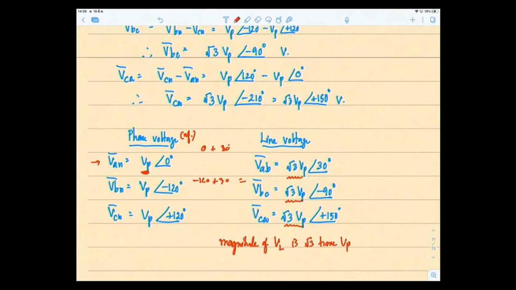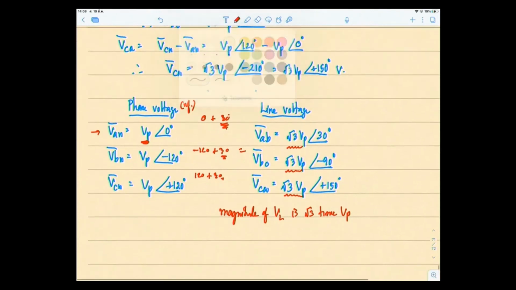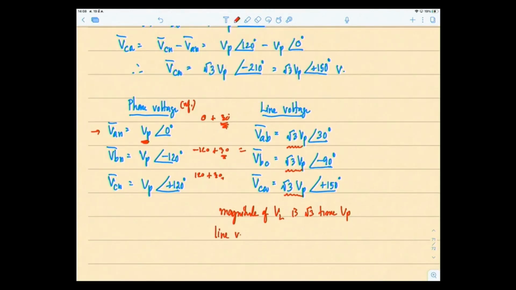And 120 plus 30 is 150. So everything, V line leads V phase by 30 degrees. So another conclusion is that line voltage leads phase voltage by 30 degrees. These are the two conclusions.